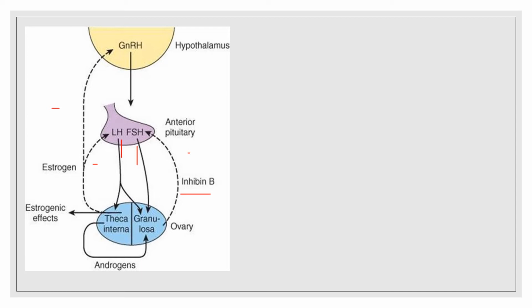Now in menopause, as I told you previously, there is a lack of estrogen, progesterone and inhibin. If the estrogen level is low, estrogen will be unable to give negative feedback on the pituitary and the hypothalamus. As the inhibin level is low, it will not be able to give negative feedback on FSH.